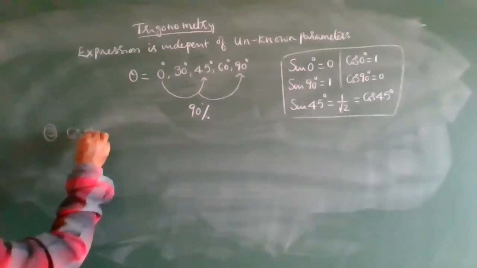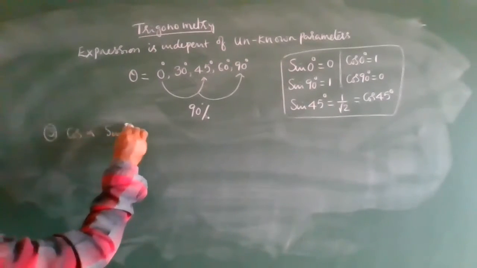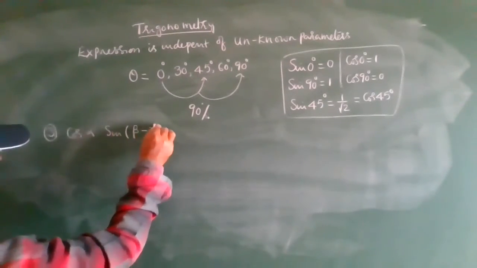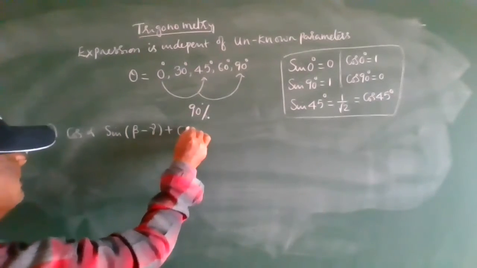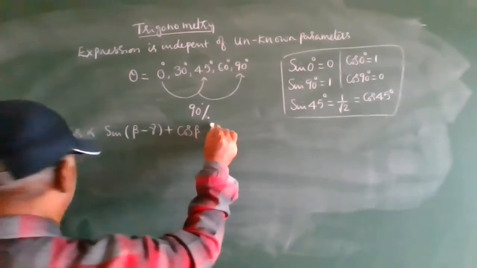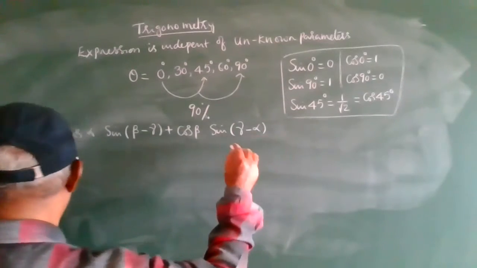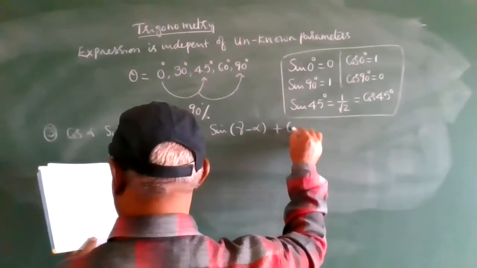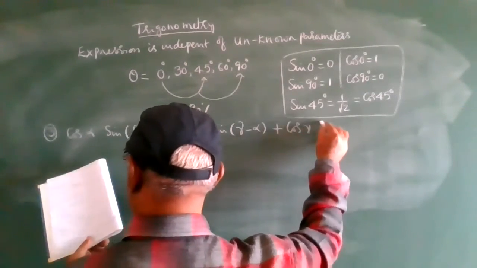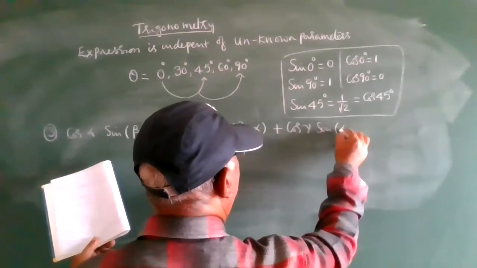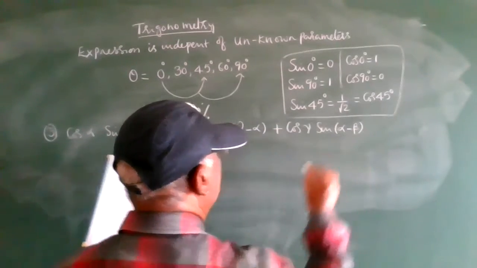The third problem is cos alpha sin of beta minus gamma plus cos beta sin of gamma minus alpha plus cos gamma sin of alpha minus beta.